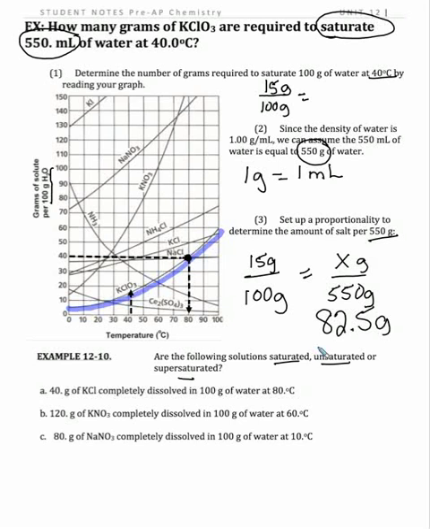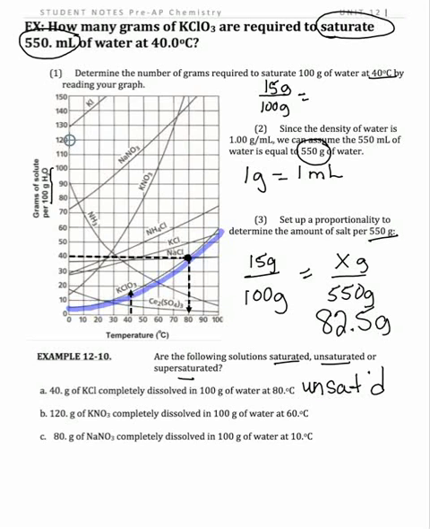Now, it's asking me what that is for a solution of KCl. If it was KCl, 40 grams is below the KCl line. So for KCl, this is actually unsaturated. What if I have 120 grams in 100 grams of water at 60 degrees?